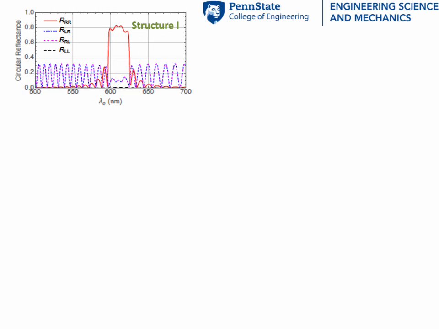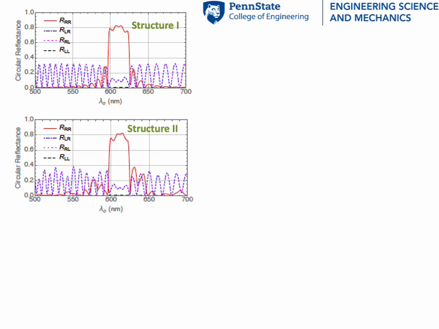In addition, there are 2 cross-polarized reflectances from left to right and right to left. Note the copolarized reflectance R sub RR in red. Its spectrum has a mesa centered at about 610 nanometer wavelength. Copolarized reflectance R sub LL is negligibly small when there is a mesa in R sub RR. This is not surprising. This structure is right-handed.